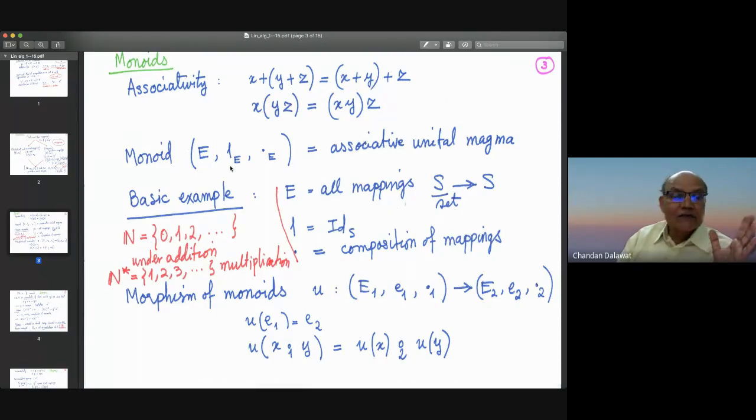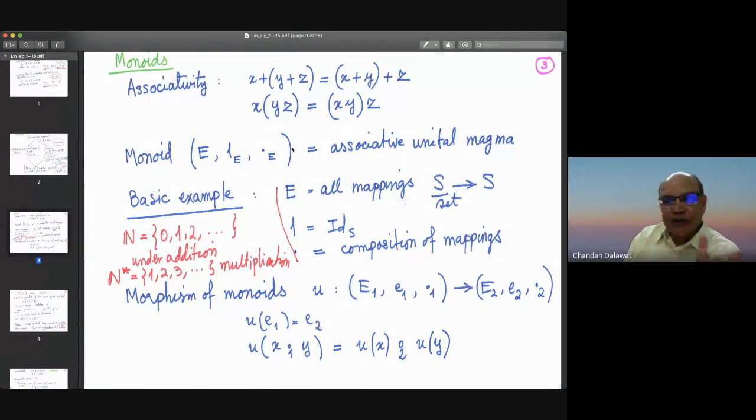Now, if you have a unital magma which is associative, in other words, an associative unital magma E, where the unit element is 1 and the law of composition is dot, then you say that it's a monoid.